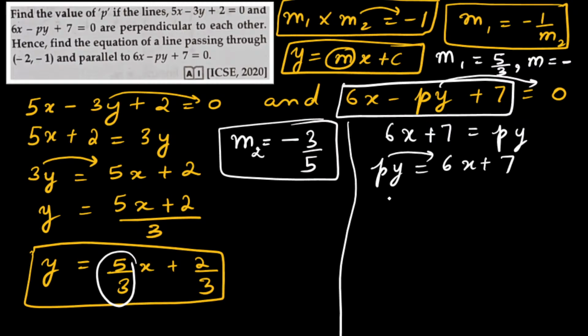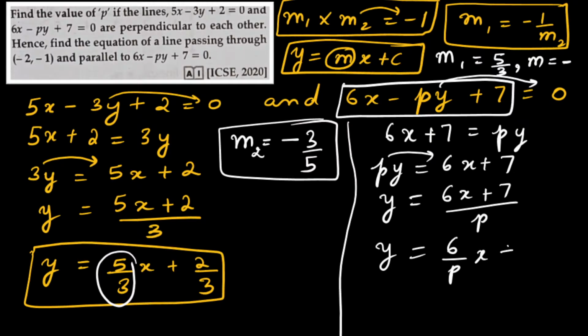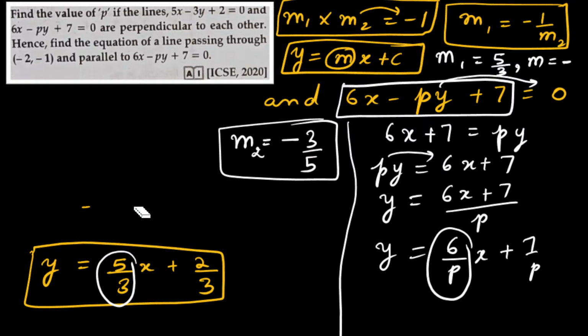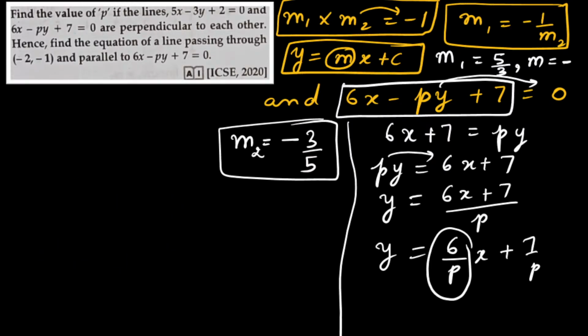Now let's shift P to the other side. P here is getting multiplied, so when we shift it to the other side, it will get divided. If I write it separately, it will become 6 by P x plus 7 by P. So the slope of this line should be equal to 6 by P, but we have already found the value of M2.